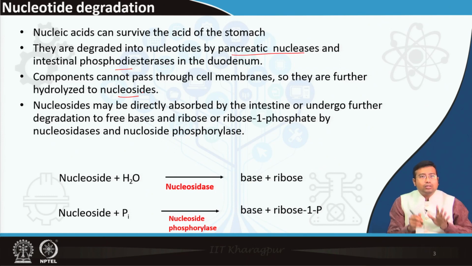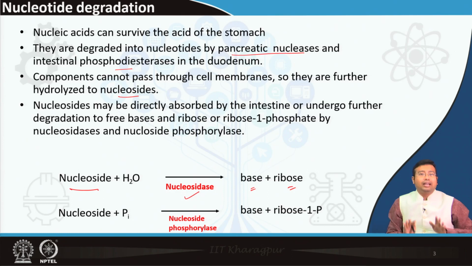Next, nucleosides may be directly absorbed by the intestine or may undergo further degradation to free bases. Two enzymes mainly act on that. Number one, nucleosidase, which can convert the nucleoside to free base and ribose sugar, basically the two things that make up a nucleoside.